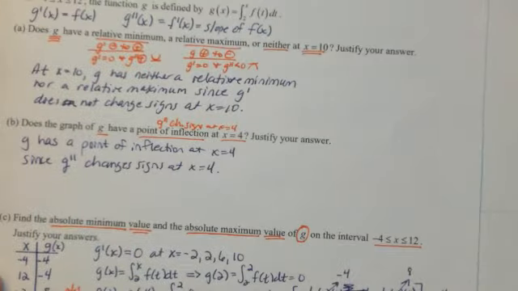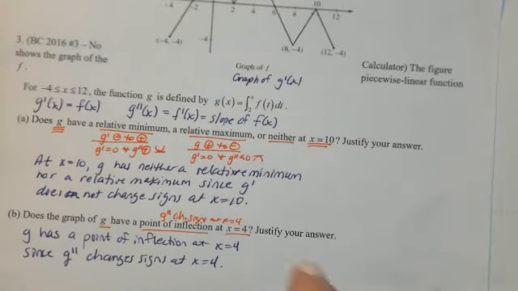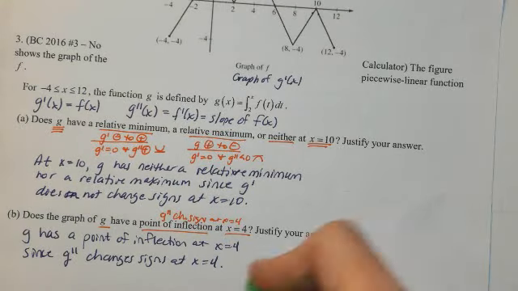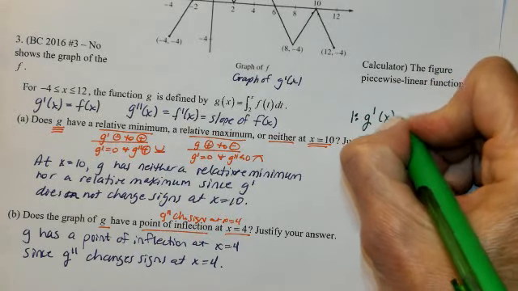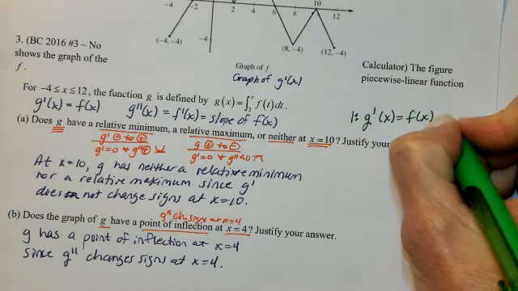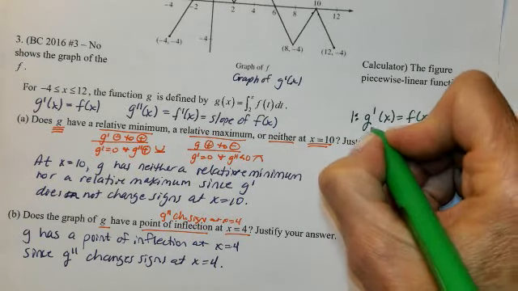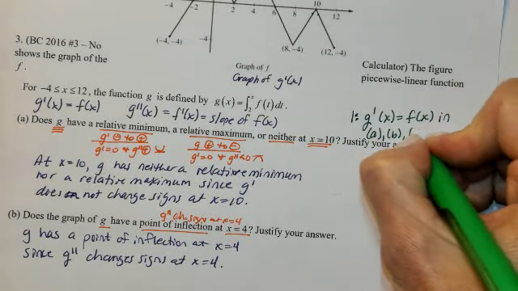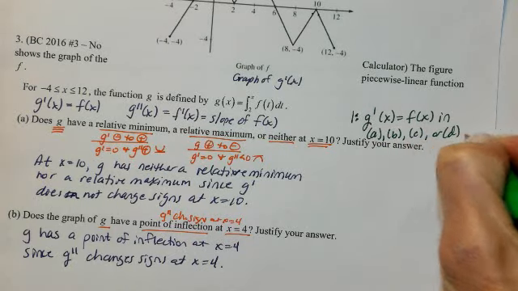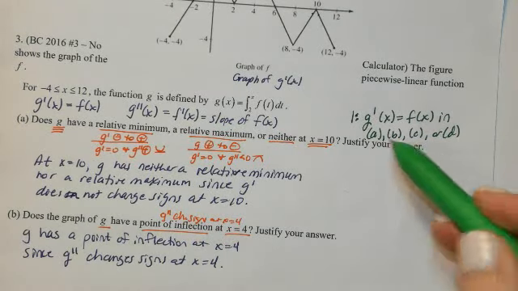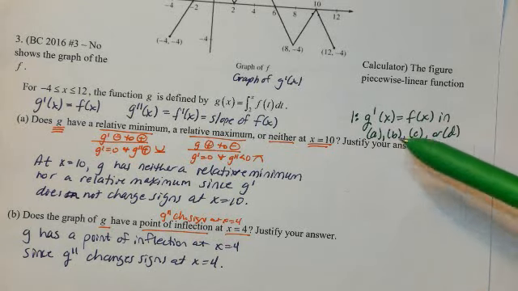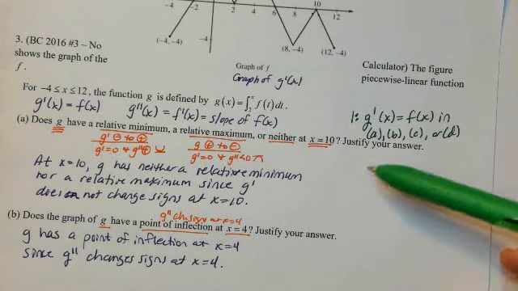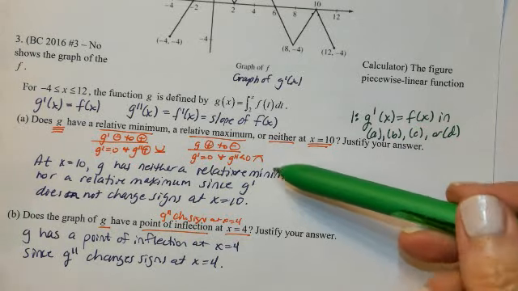All right, let's take a look at the scoring for these. Even before part A, they gave 1 point for stating that g prime of x is equal to f of x in any of the parts, A, B, C, or D. However, if you're using that fact, you have to state it.